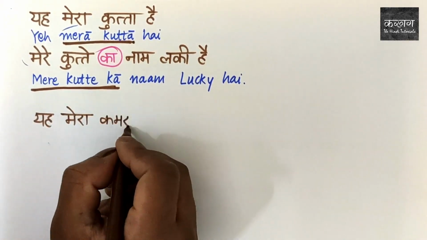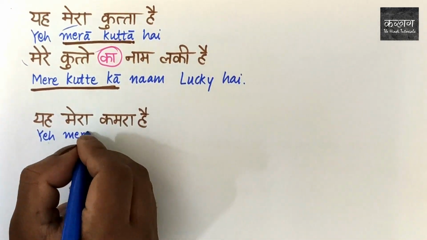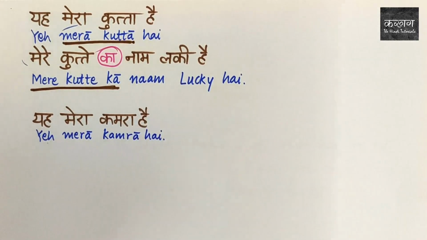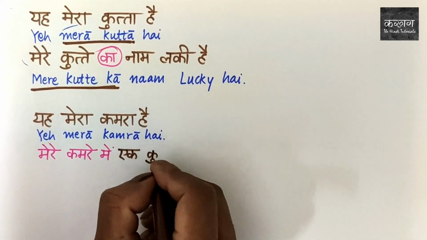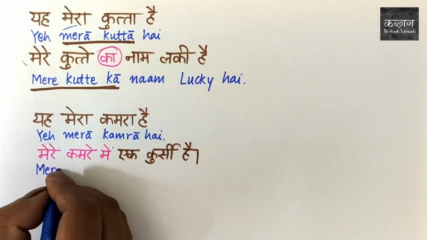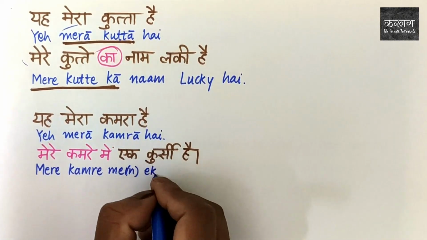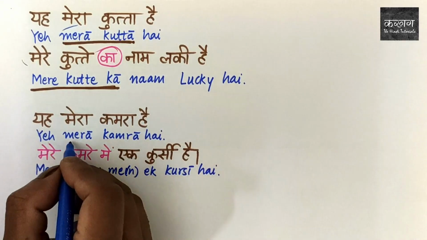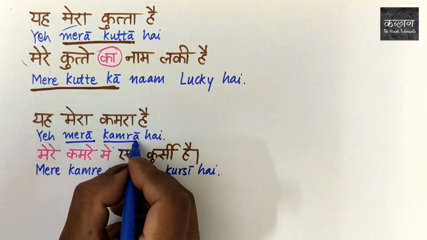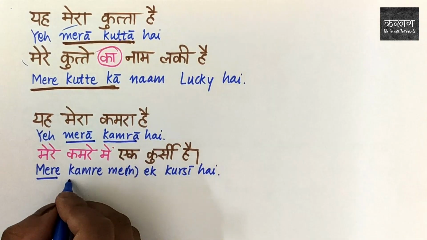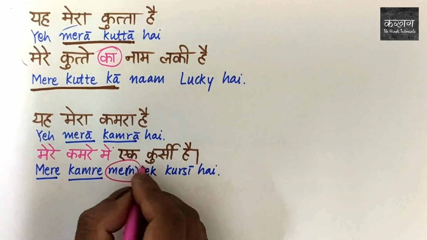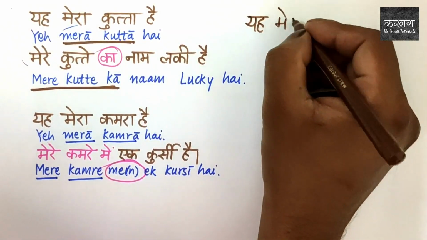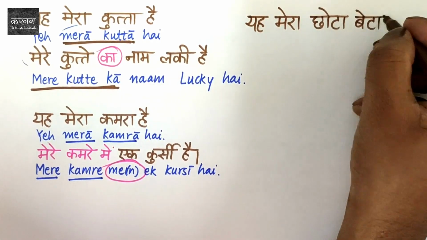Next example. ये मेरा कमरा है. This is my room. मेरे कमरे में एक कुर्सी है. In my room, there's a chair. मेरा कमरा becomes मेरे कमरे because of the presence of the post position में. ये मेरा छोटा बेटा है.